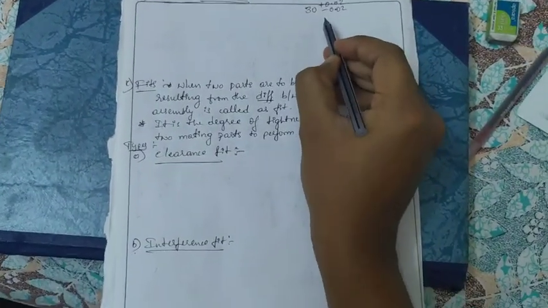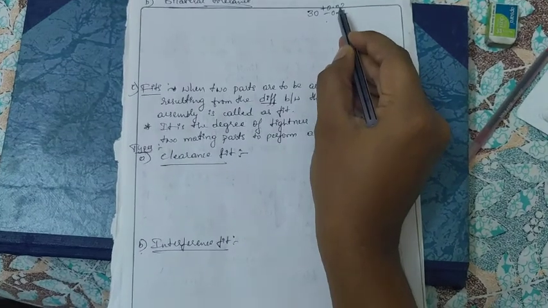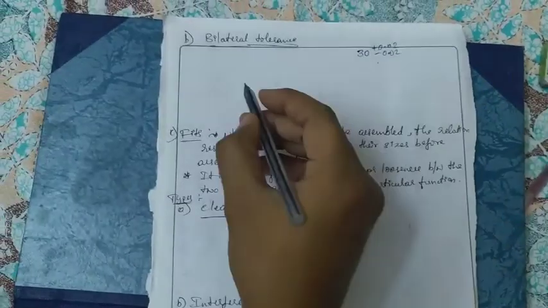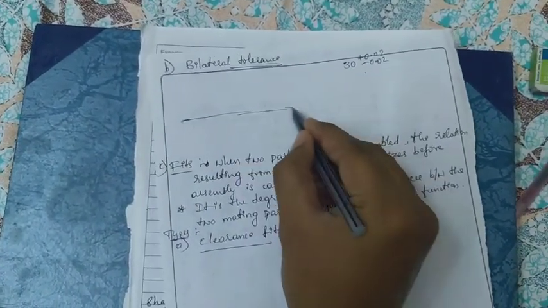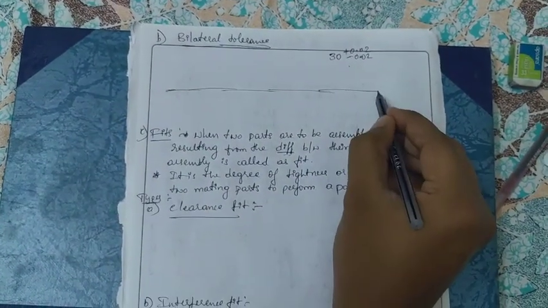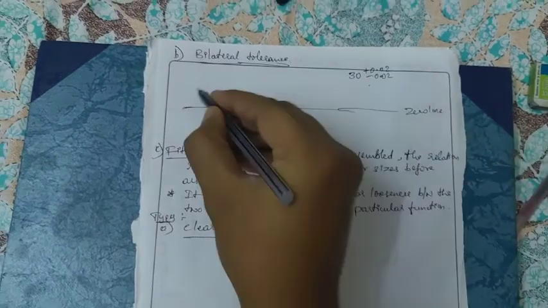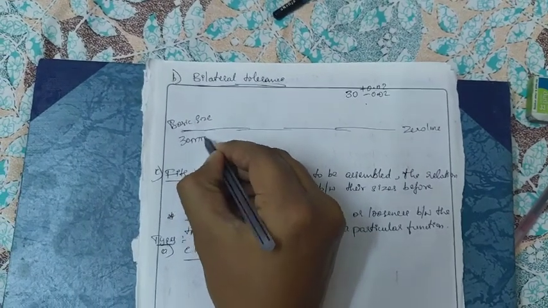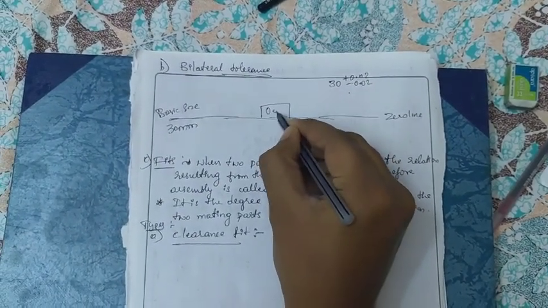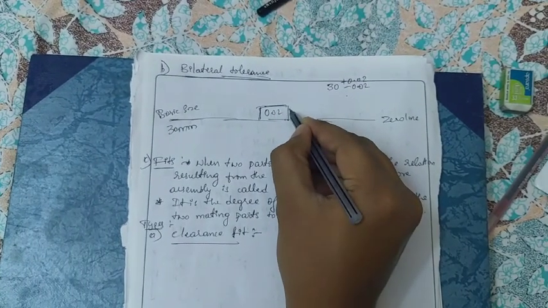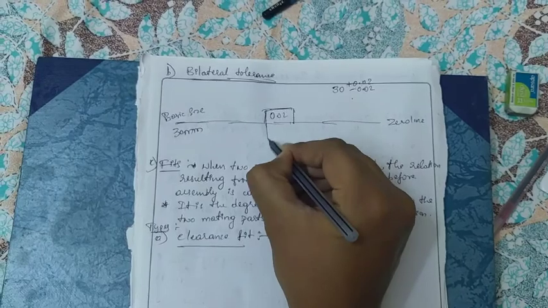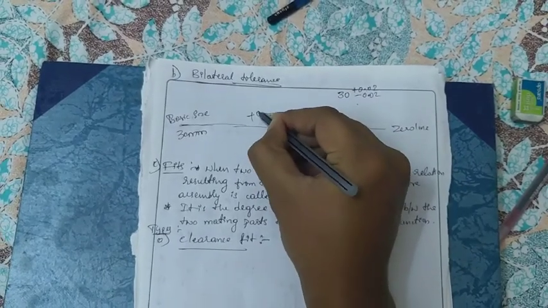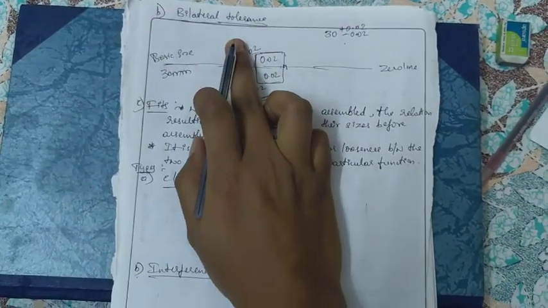If I take a zero line here, and the basic size is 30 mm, then one side is 0.02, that is plus 0.02 above the zero line, and the other side is again 0.02, that is minus 0.02 below it. This is the representation of the bilateral tolerance.